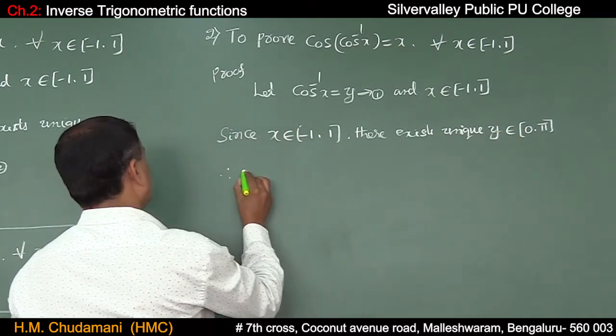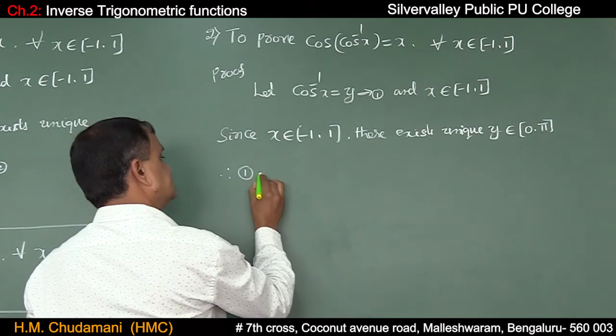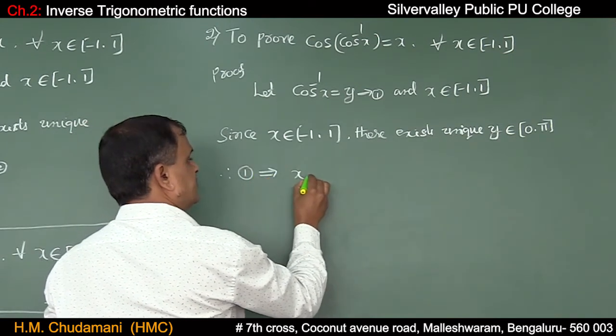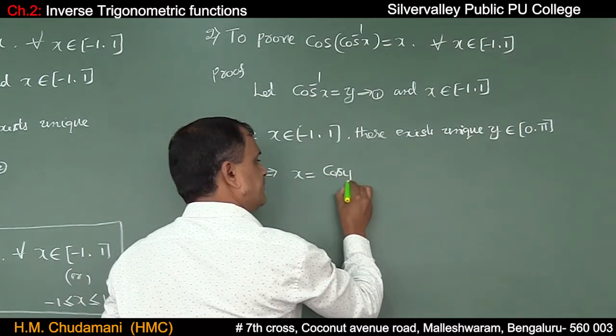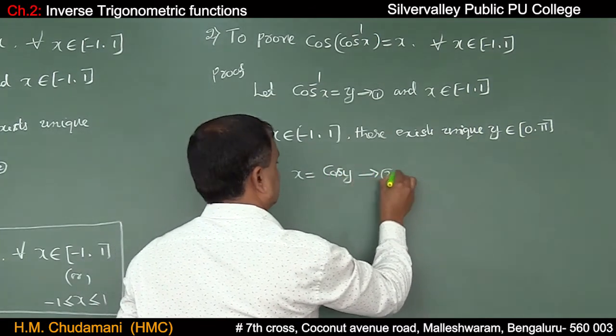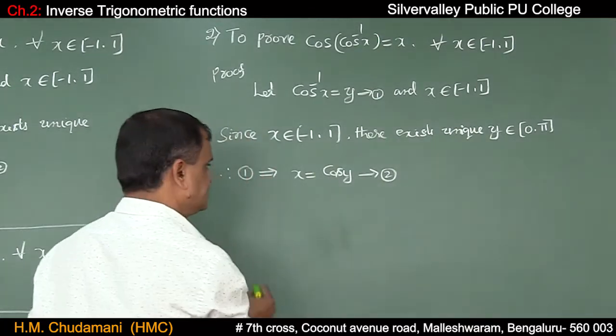Therefore equation 1 can be written as x is equal to cos y, inverse of the function exists.